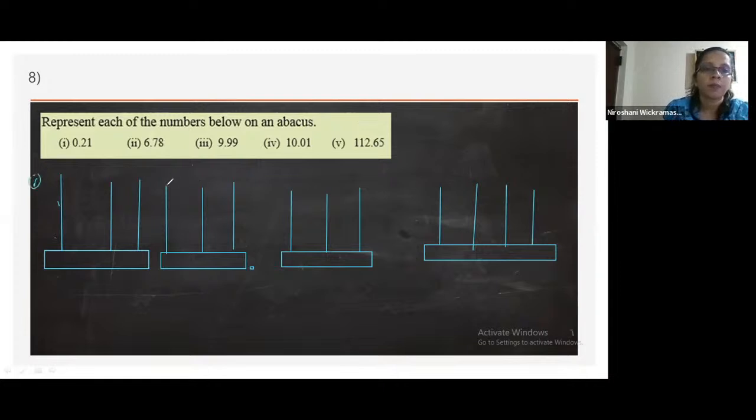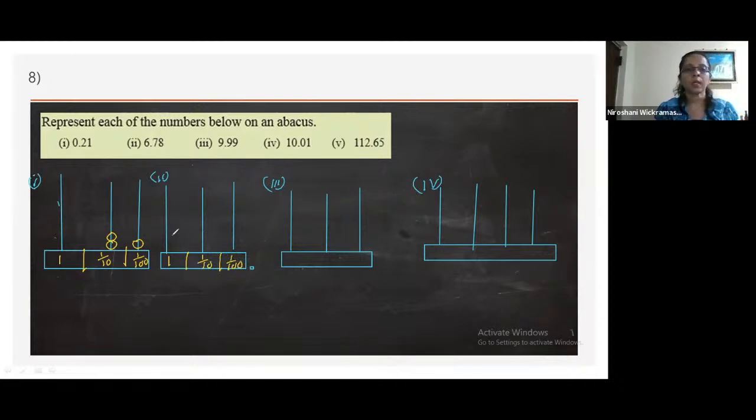First one, second one, third one, fourth one. Look at this, I used yellow color. Unit place, it means 1 place, and 1/10th place, 100th place. You can see unit place no number and 1/10th 2. Here also unit place, 1/10th place, 100th place.